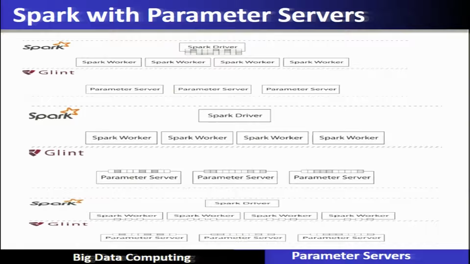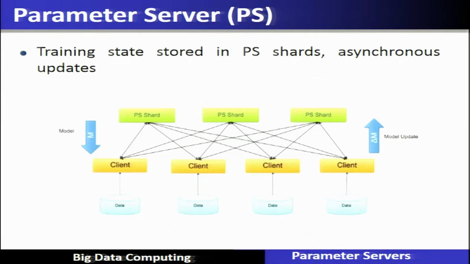In this example, the parameter servers are maintained in Glint as a distributed queue, and in Spark as a driver-worker combination.